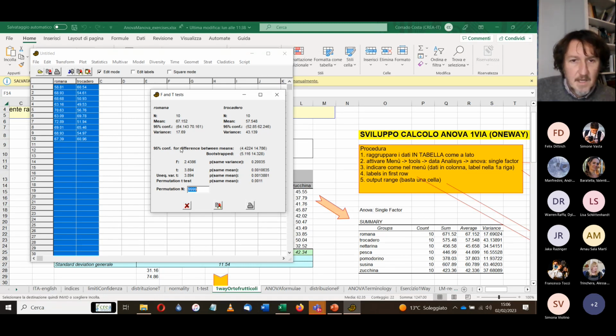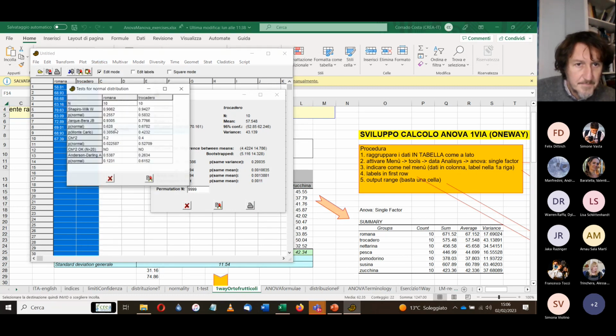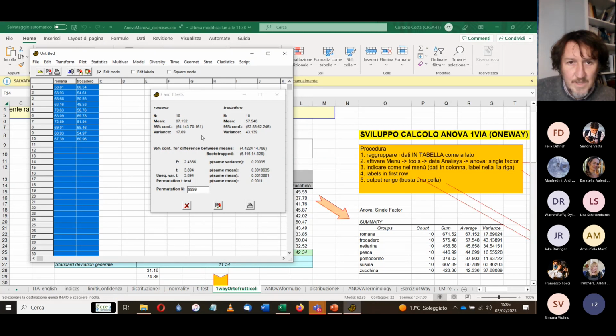Okay. First of all, we have, of course, to test the normality. The normality test confirms the null hypothesis of normality. The values here are higher than 0.05. Okay, so I can continue with the F and T tests. So we have the mean of the two distributions, the 95 percent confidence intervals, the variance here.